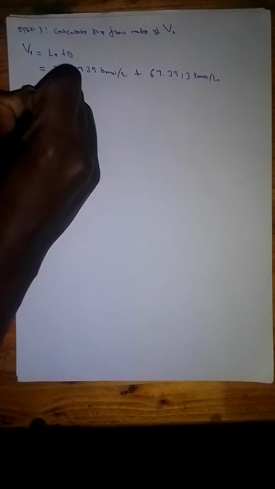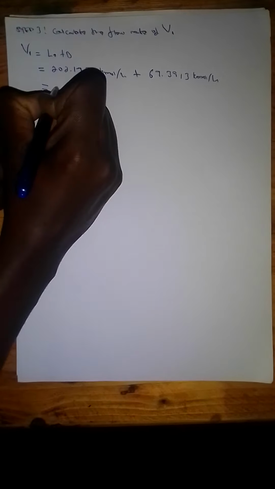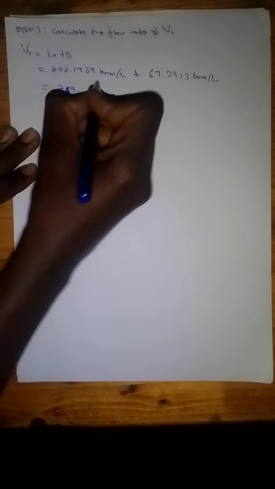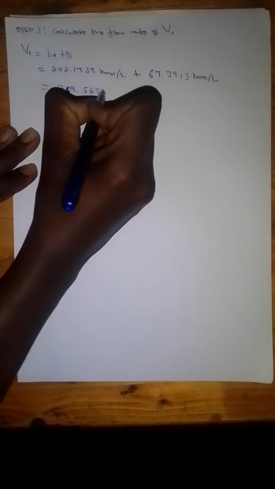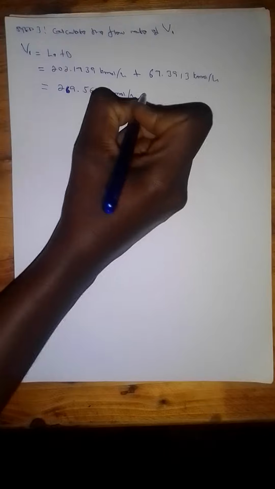per hour. And now with our V1, when you calculate the V1 and you use a calculator there, it will give you 269, sorry, yeah, let me write it properly, 269.5652 kilomole per hour.